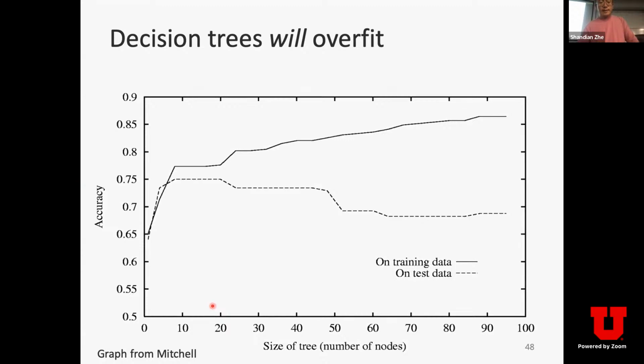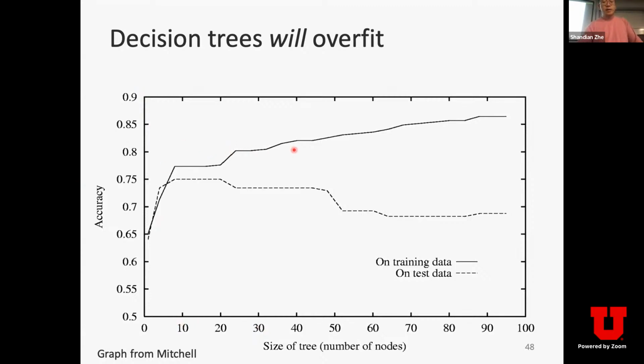We can see that the x-axis shows the number of nodes in the tree, meaning that when you keep growing your tree, you're making the model more and more complex. That means it can fit the data better and better. Remember, a decision tree, in theory, if you don't limit its size and depth, can perfectly fit whatever training data you give it, right? And the y-axis shows accuracy.